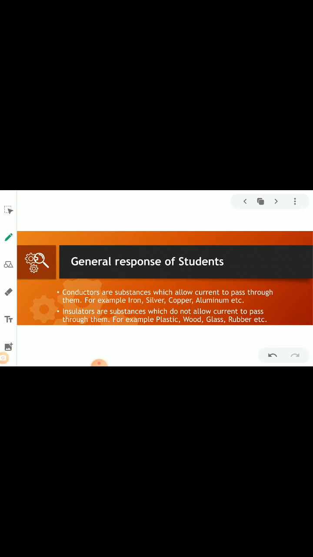Yes, this response is okay up to 8th standard. Till 8th standard you will have studied this definition. But coming to 9th standard, you will have studied about the atomic model and structure of an atom. So this knowledge about the atomic model and structure of an atom should now be included to define the conductor and insulator. So what concept is it?